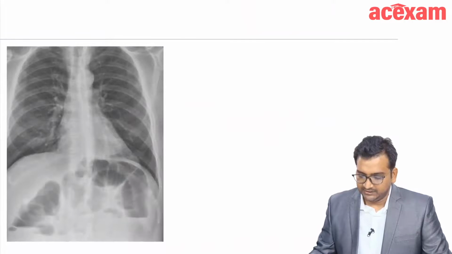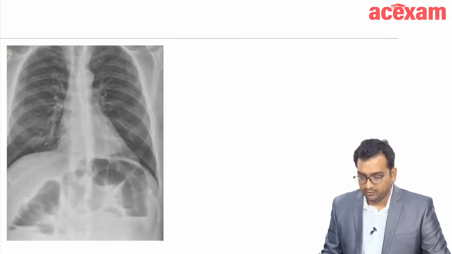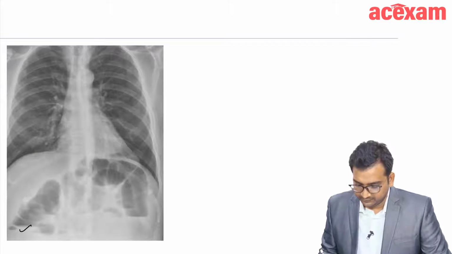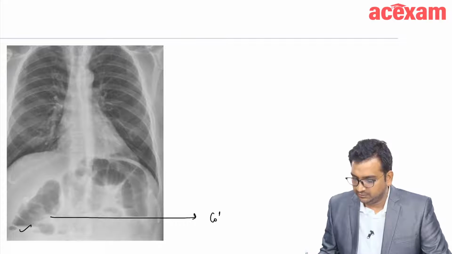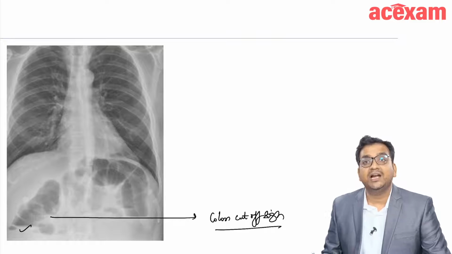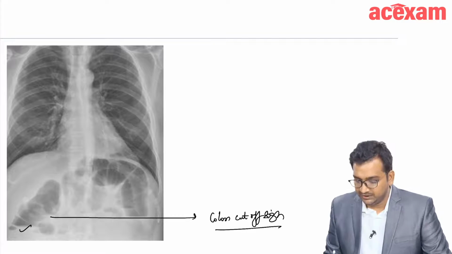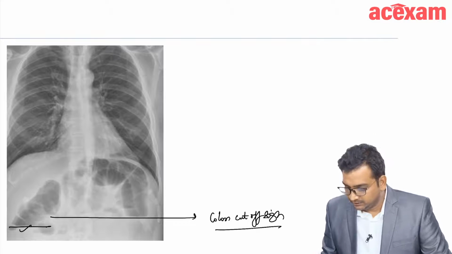Now, this X-ray is showing a dilated colon. Okay, this is basically a colon cutoff sign. And if there is only an isolated jejunal loop, you can see here there is a classical cutoff. Okay, there is a cutoff here also.